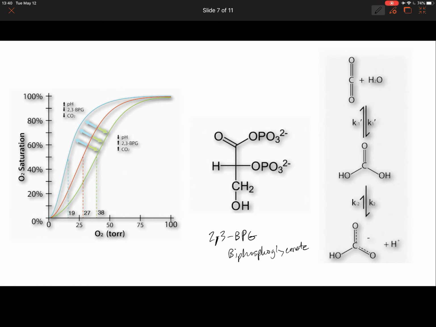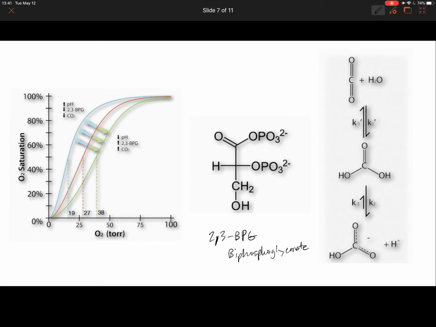In the absence of 2,3-BPG, hemoglobin can more easily exit the T state and return to the R state. Smokers actually have higher concentrations of 2,3-BPG than non-smokers. So a lot more of their hemoglobin remains in the T state and thus carries less oxygen. Another reason why smokers' oxygen carrying capacity is lower than non-smokers' is that cigarette smoke has carbon monoxide in it.